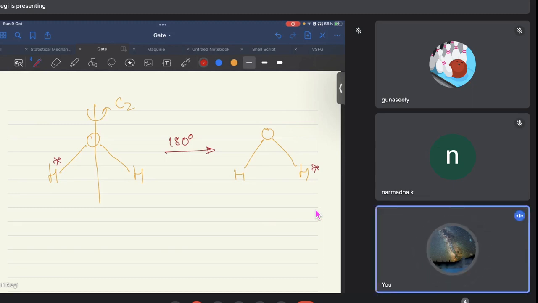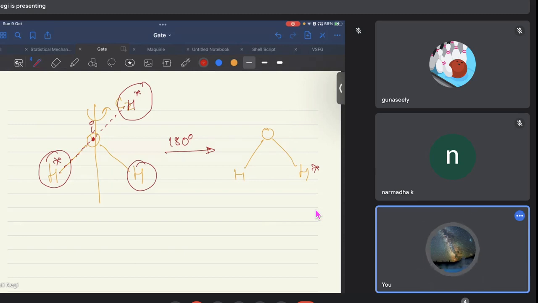No, H2O will not have a center of inversion, because inversion is a point about which it will reflect the same structure, correct? So in H2O, can you find any point which will reflect? For example, let's say I keep one point at this particular atom, oxygen. Then this atom will be reflected at equal distance and land somewhere here, but there is no hydrogen there, hydrogen is here.